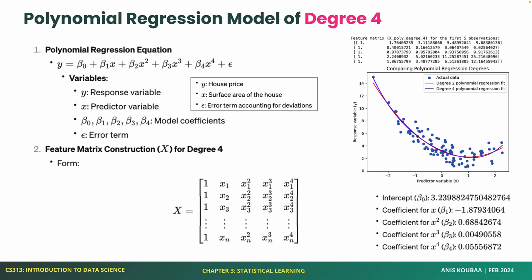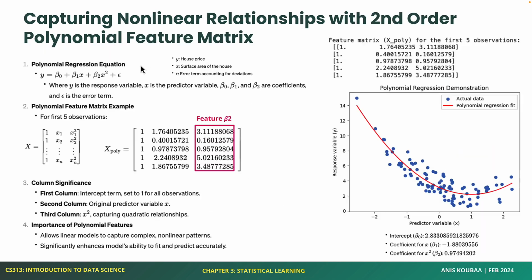Let's try to complicate it a little bit. Now I can derive a machine learning model of degree 4, and this model will have 5 parameters: beta 0, beta 1, beta 2, beta 3, and beta 4. Imagine that y is the house price, x is the surface area of the house, and this is x squared. What's the difference between this one and this one?